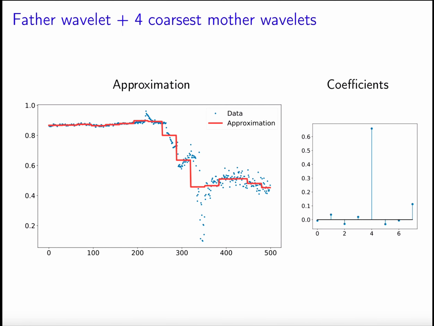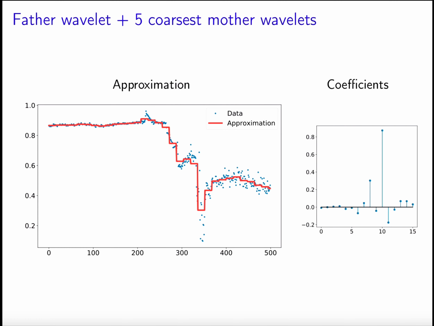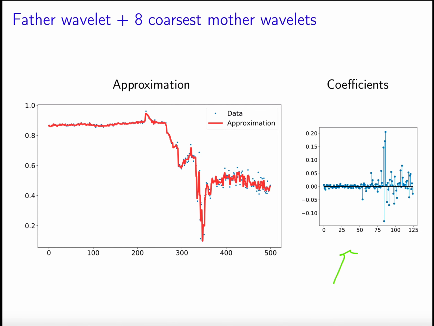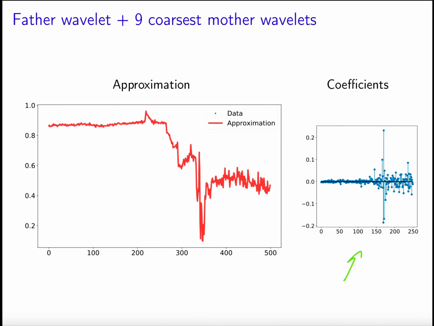All the interesting things are happening on the right part, and in particular in the middle. So I hope this example has given you a bit of an intuition about what a wavelet decomposition does. It decomposes the image into components that have different scales or different resolutions.